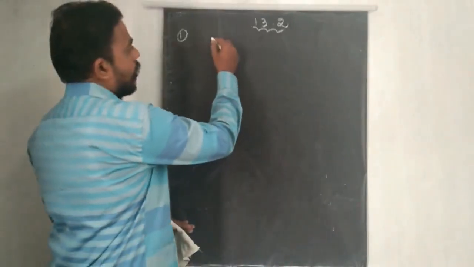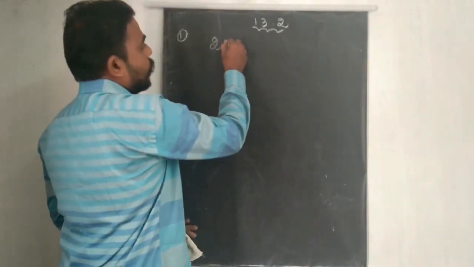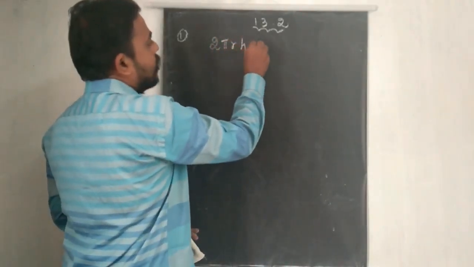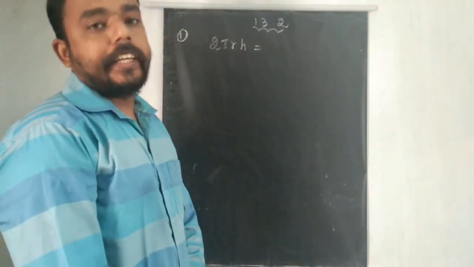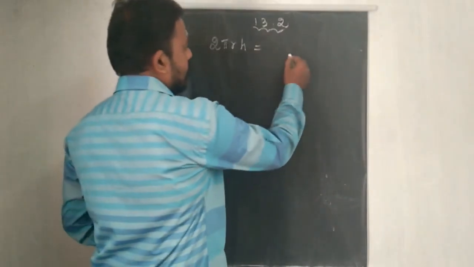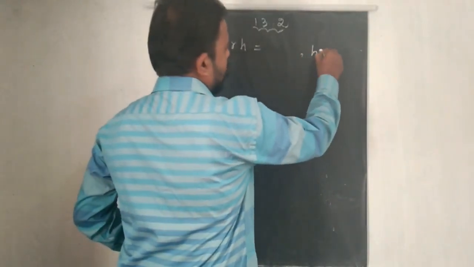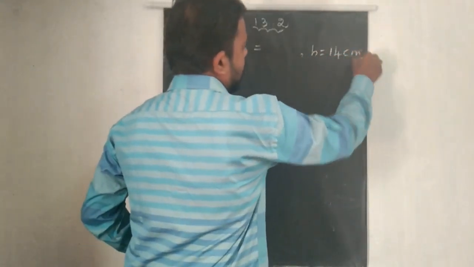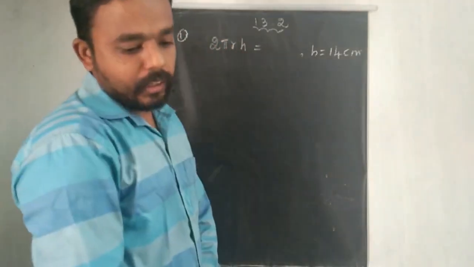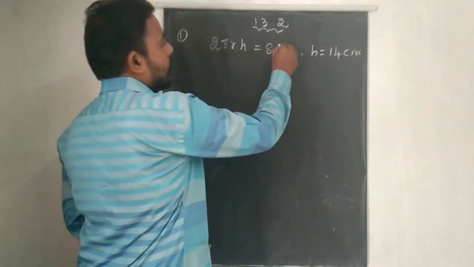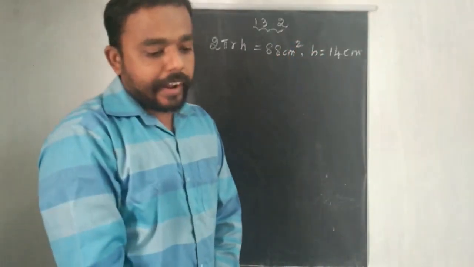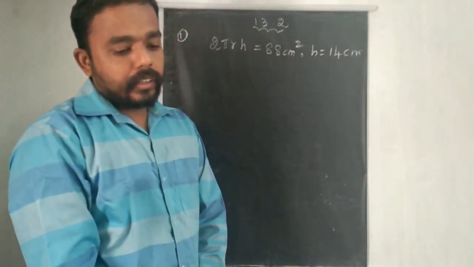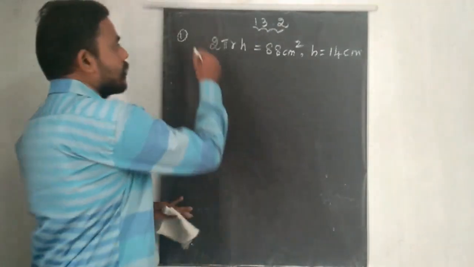Curved surface area of a right circular cylinder is 2 pi r h. The height is 14 centimeter, given, and the 2 pi r h value is 88 centimeter square, given. Find the diameter of the base of the cylinder. So this is given.